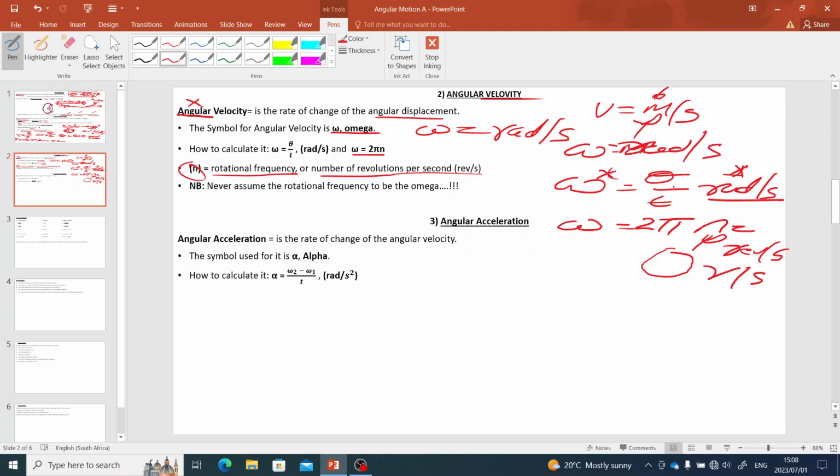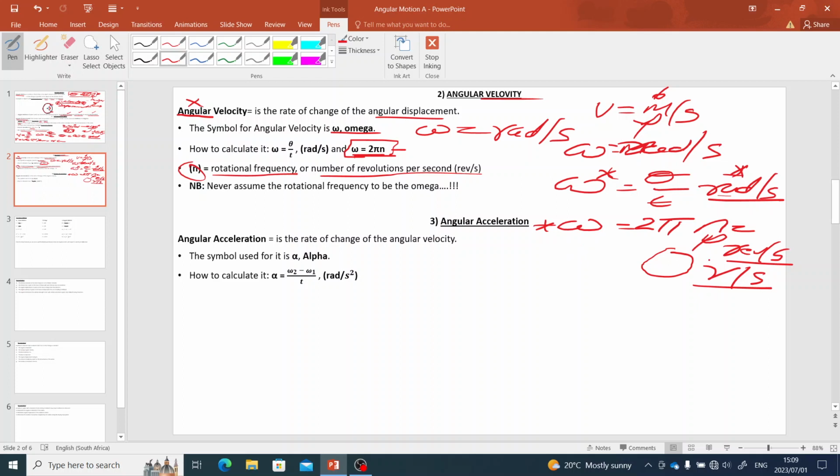The omega is rad per second. The n for rotational frequency, the speed at which you were turning, has the SI unit rev per second, or r per second. Never assume the rotational frequency to be your omega. If you are given the rotational frequency, you will use this formula to convert the rotational frequency into omega.